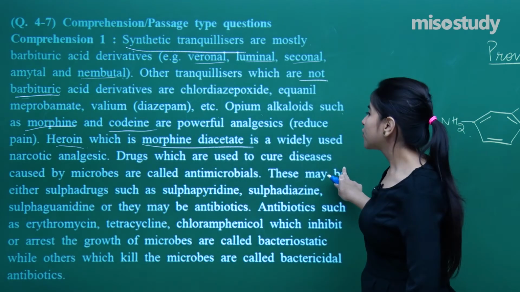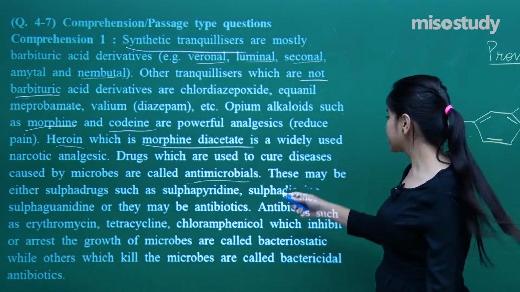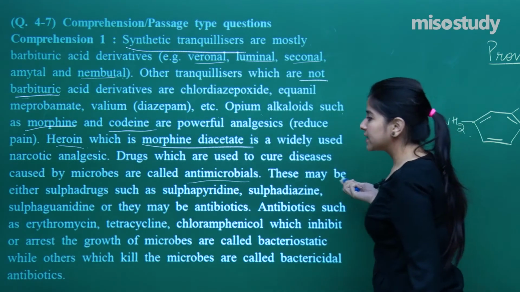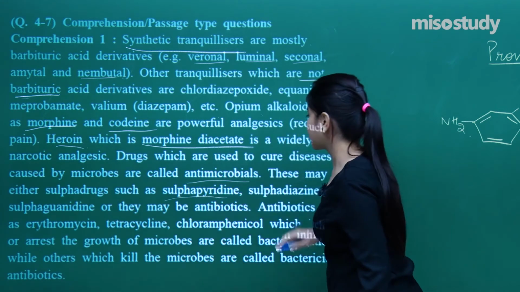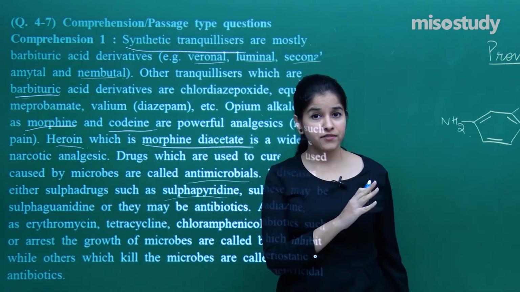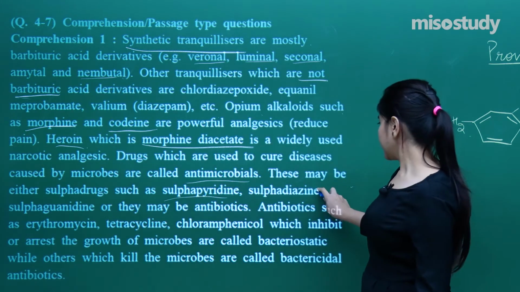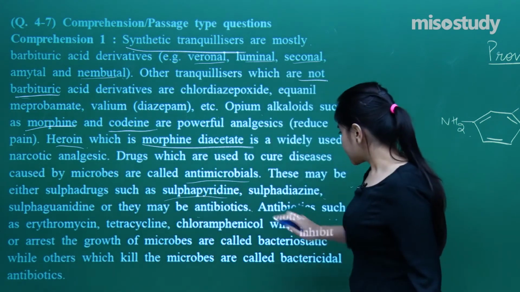Drugs which are used to cure the diseases caused by the microbes are known as antimicrobials, we all know that. These may be either sulfur drugs such as sulfapyridine, sulfadiazine, so a similar kind of a sulfur drug, that is sulfanilamide or Prontosil we have just covered. Or they may be antibiotics.